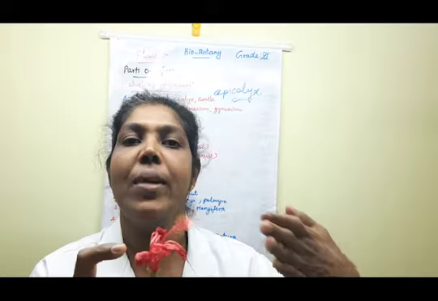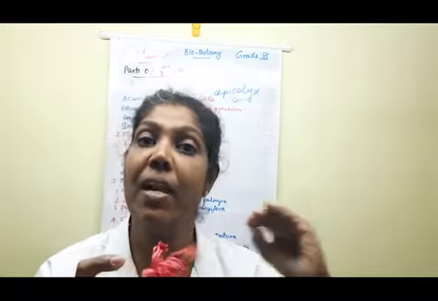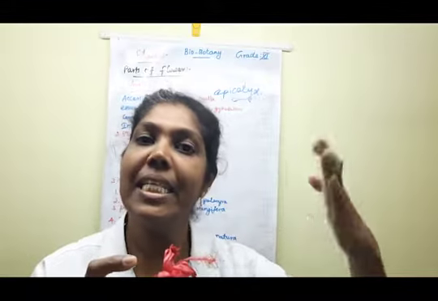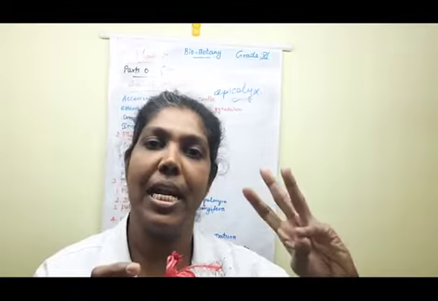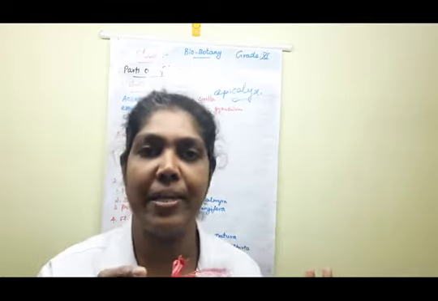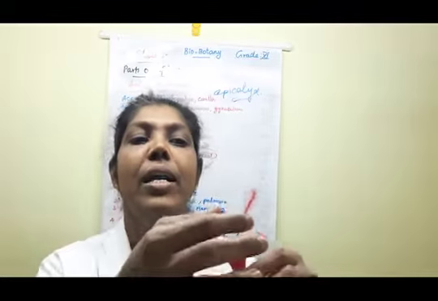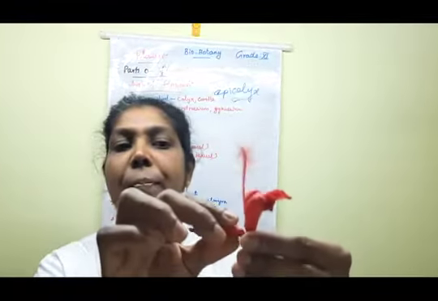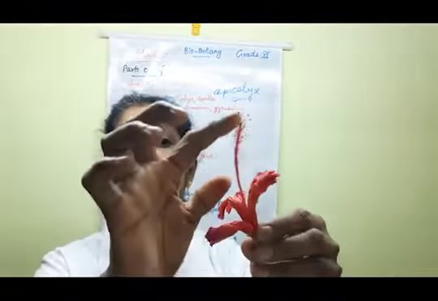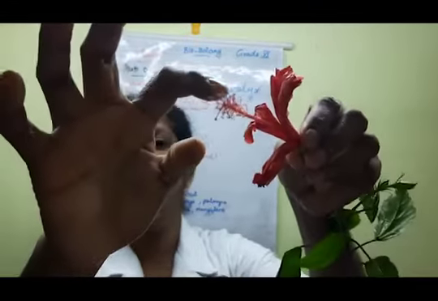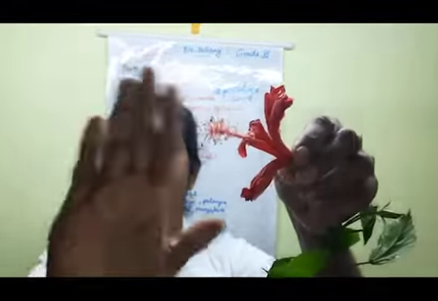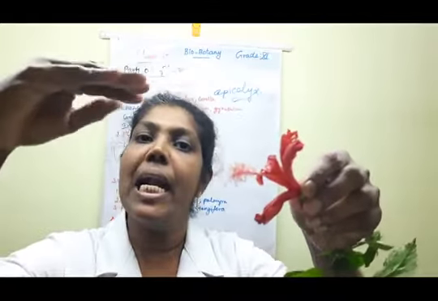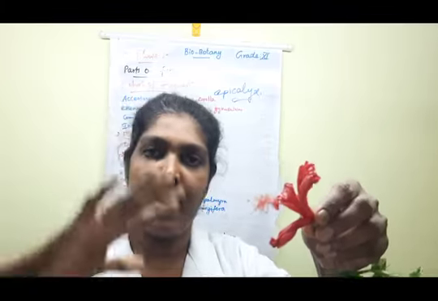Next, we are moving on to the essential whorl of this flower. The essential whorl means androecium and gynoecium. Clear? First of all, this is the androecium region. The yellow colored part is called the androecium. This is the male reproductive organ of the flower.